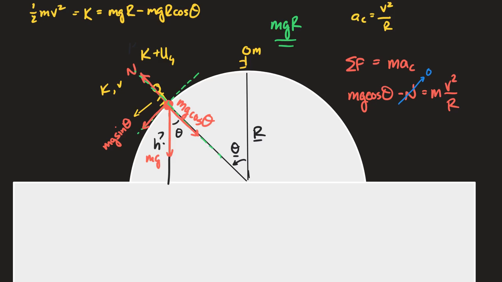If I multiply both sides by r, oops, hold on. If I multiply both sides by r, I get just mv squared on the other side. In fact, if I divide this by 2, I get the same expression I have over here for kinetic energy, correct?